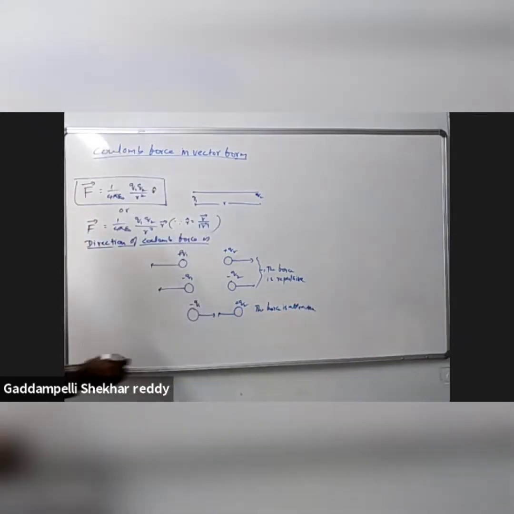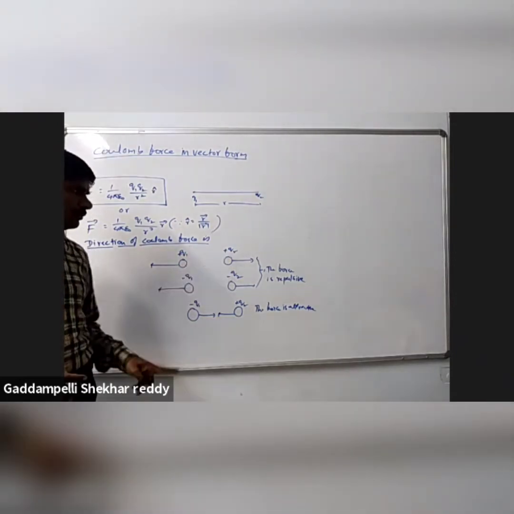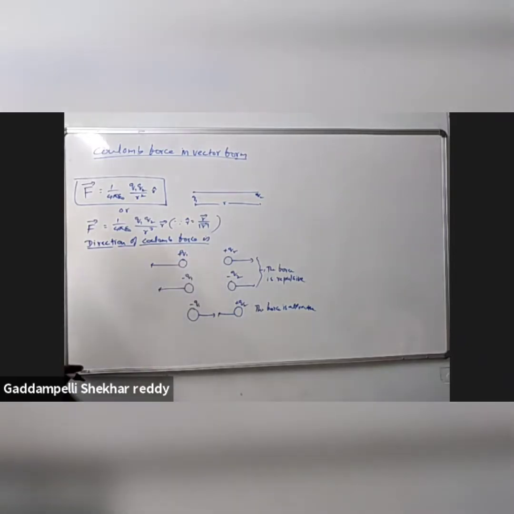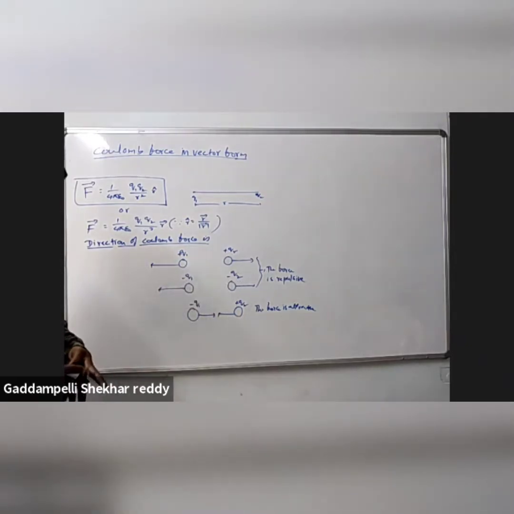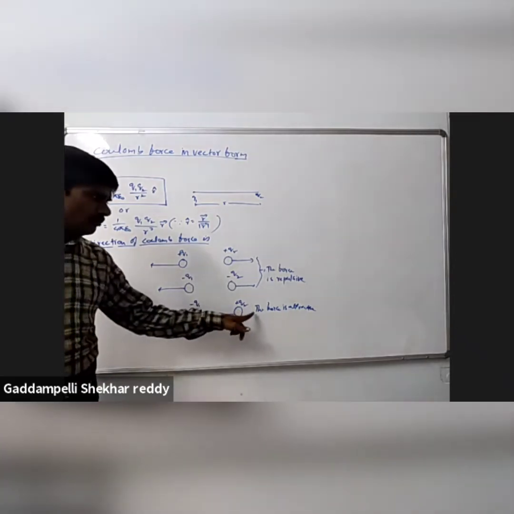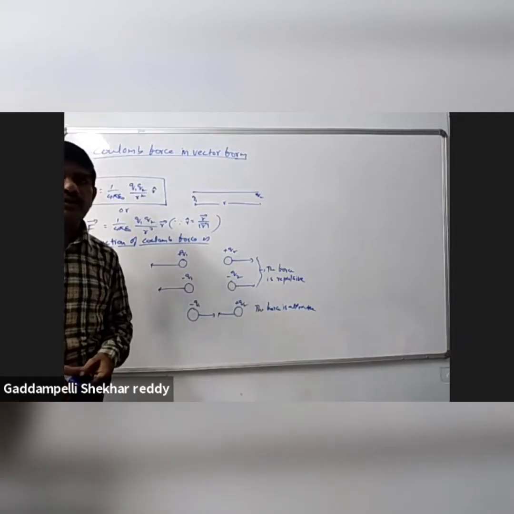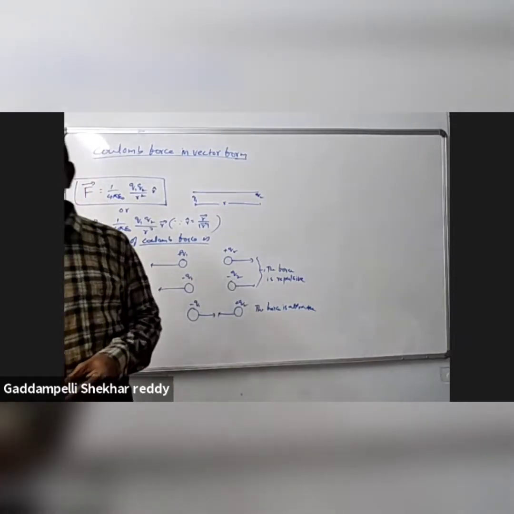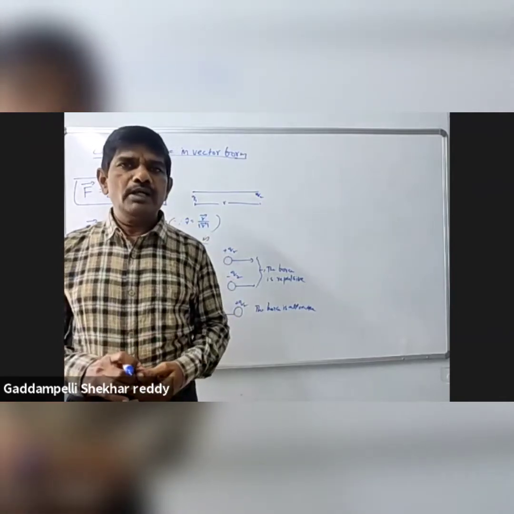So plus Q1 plus Q2 are like charges, repulsive force. Minus Q1 minus Q2 are also like charges, repulsive force. Minus Q1 plus Q2 are unlike charges, and the force is attractive. That means the force between two unlike charges is always attractive.